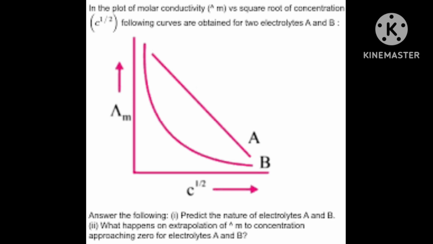Because 100 centimeters is equal to 1 meter, correct? And then centimeter square is there, so 1 upon 100 into 1 upon 100, directly you will get 10 to the power minus 4. Then you can write meter square per mole.